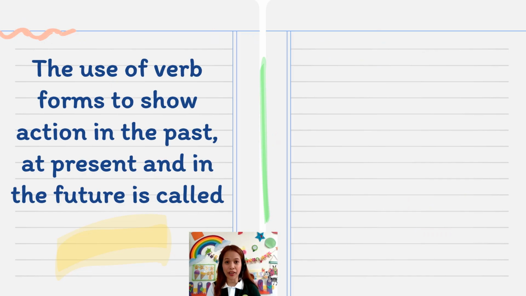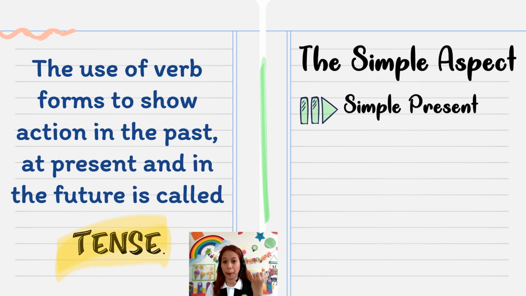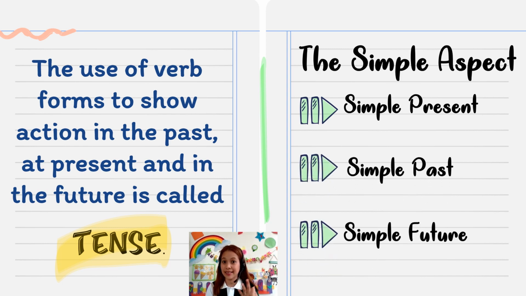Let's read together. The use of verb forms to show action in the past, at present, and in the future is called tense. Under the simple aspect, we have 3 tenses: first, simple present, simple past, and simple future.